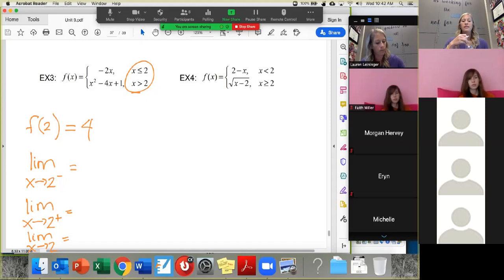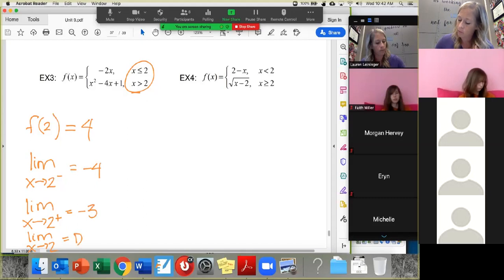The top section, which would give me -4. I would then from the right plug it into the bottom. So 2 squared minus 8 gives me -4 plus 1 gives me what? -3. Okay, so what does that tell me about the limit?